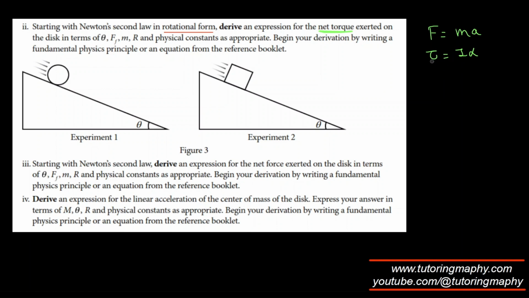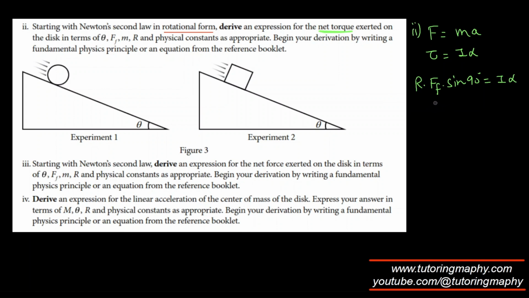Now, since this torque is only because of friction, and torque is R Ff sine theta, I'm going to write R, which is the radius, times the friction Ff times sine of theta. And remember that between the radius and the friction, the angle is 90, and this is equal to I alpha.